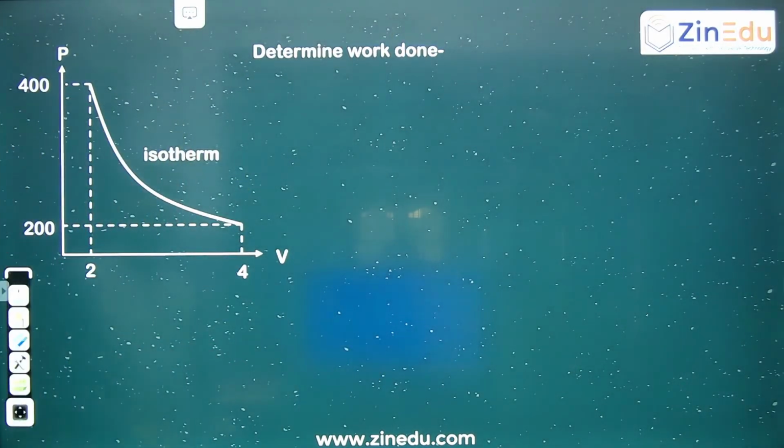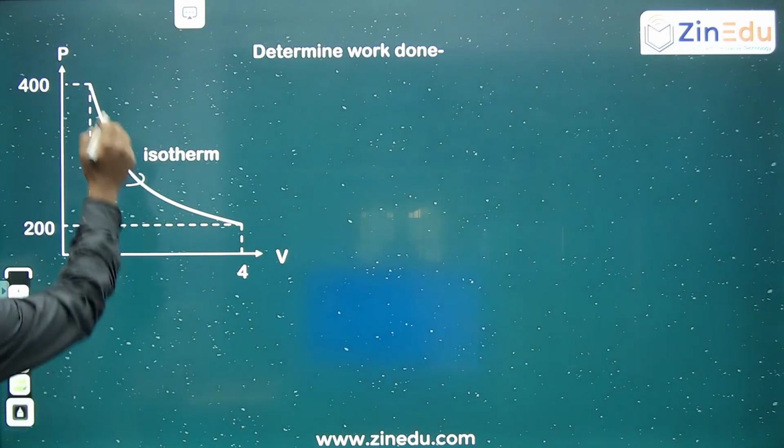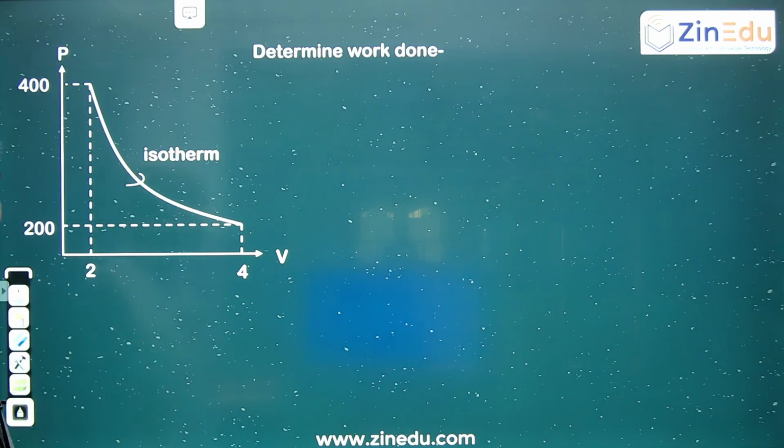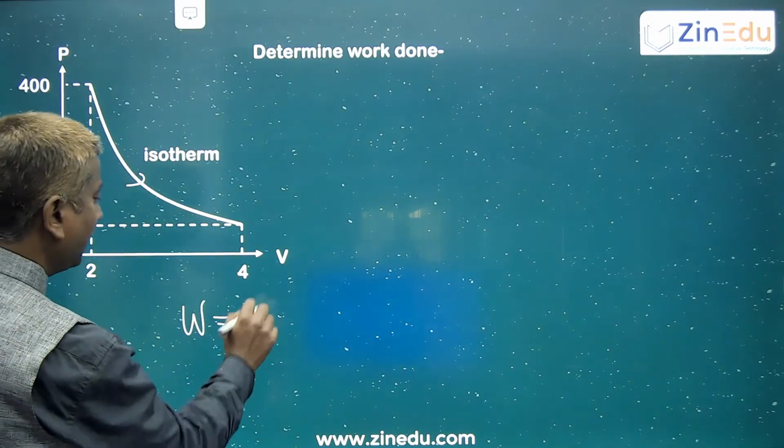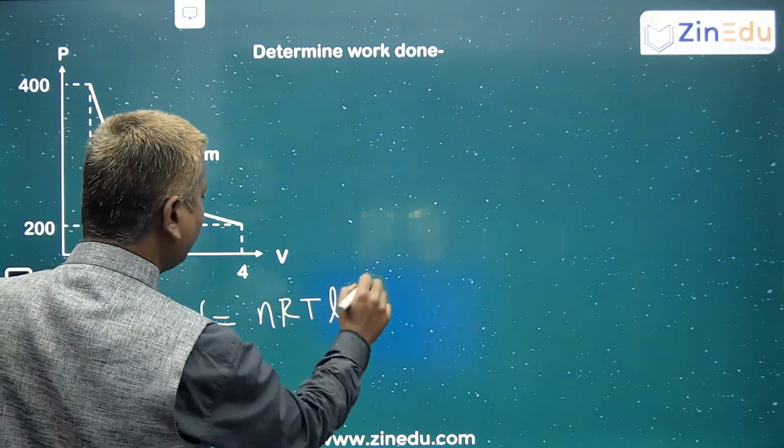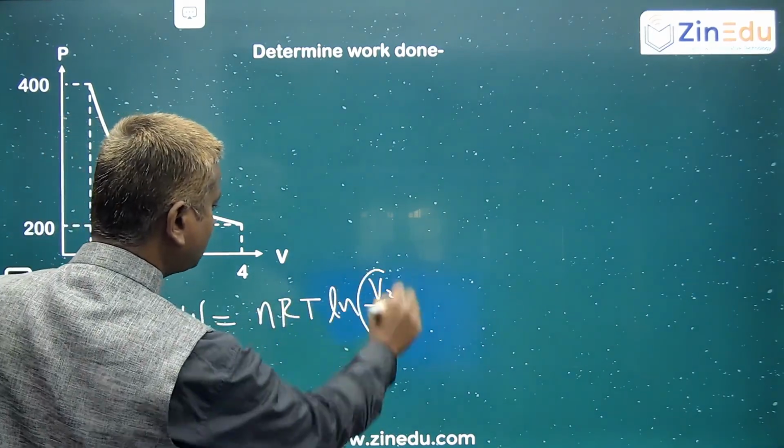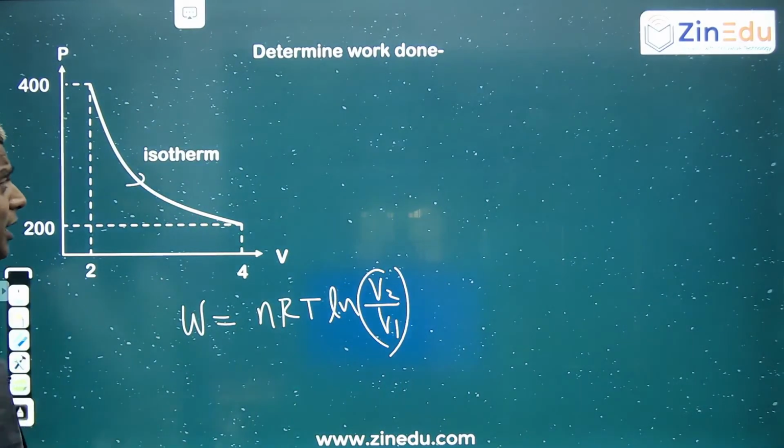Here they are asking us to determine the total work done in this isothermal process. In an isothermal process, whatever the work done is nothing but nRT ln V2 by V1. We know this. And nRT you can write as either P1 V1 or P2 V2. Here P1 V1 means 400 into 2, 800, or P2 V2 also 800.